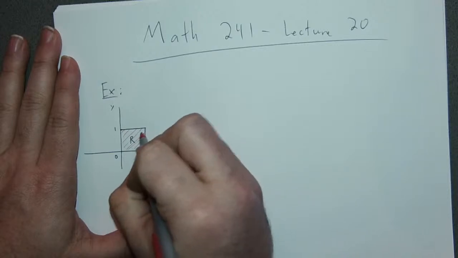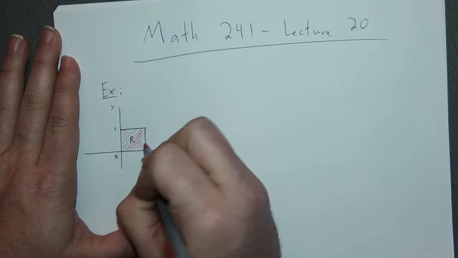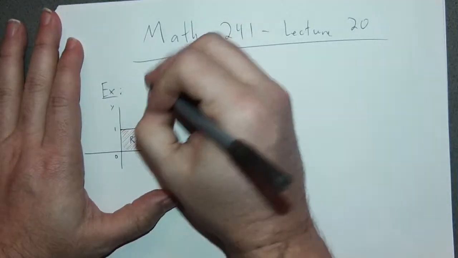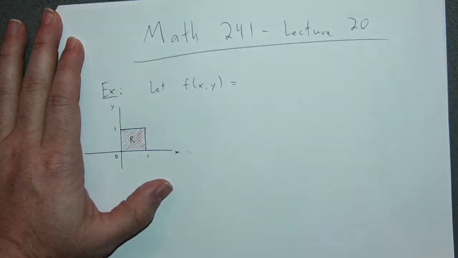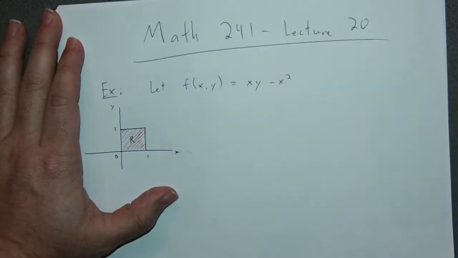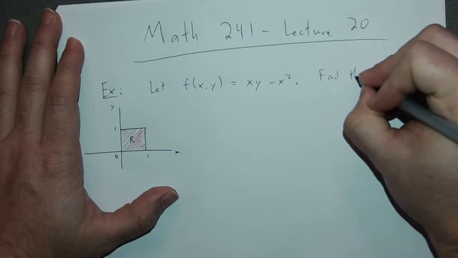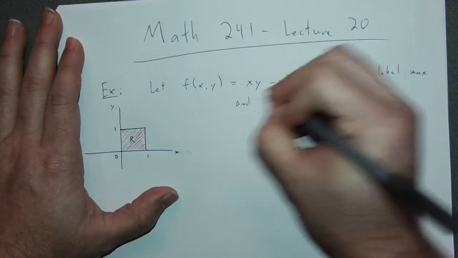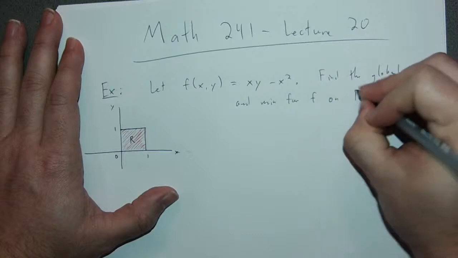Okay, so here's my region R. Now the problem is to find the global max and min for the function xy minus x squared on R. So find the global max and min for f on R.